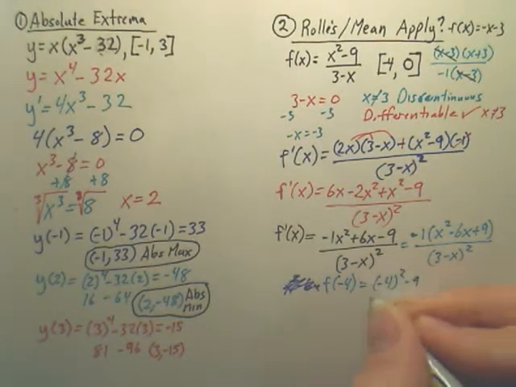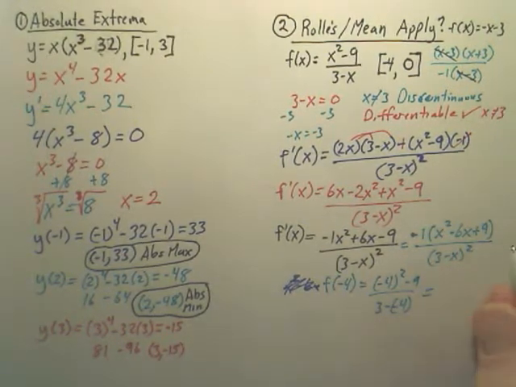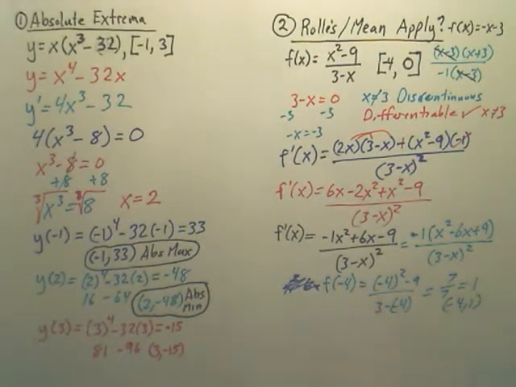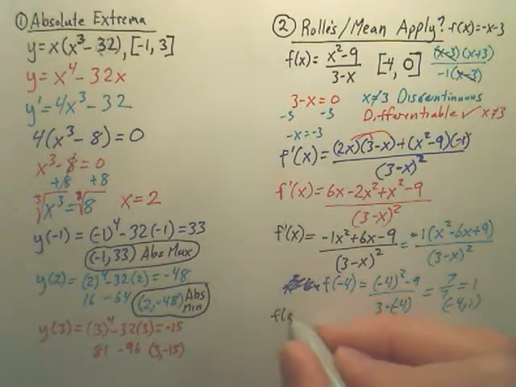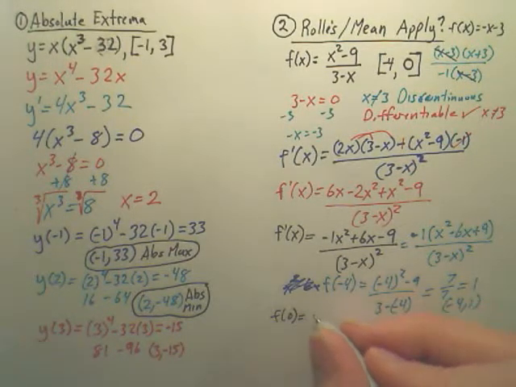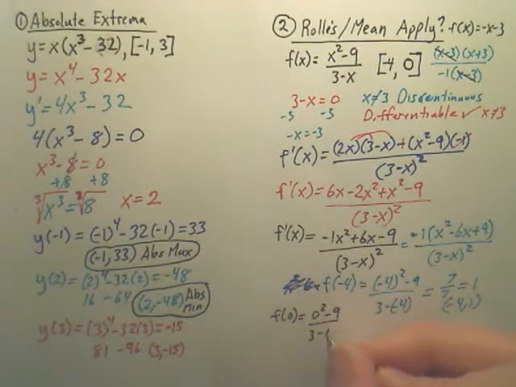Negative 4 squared minus 9 over 3 minus negative 4: 16 minus 9 is 7 over 7, which is 1. So the point is negative 4, 1. Then f of 0 is 0 squared minus 9 over 3 minus 0, which gives us negative 3.